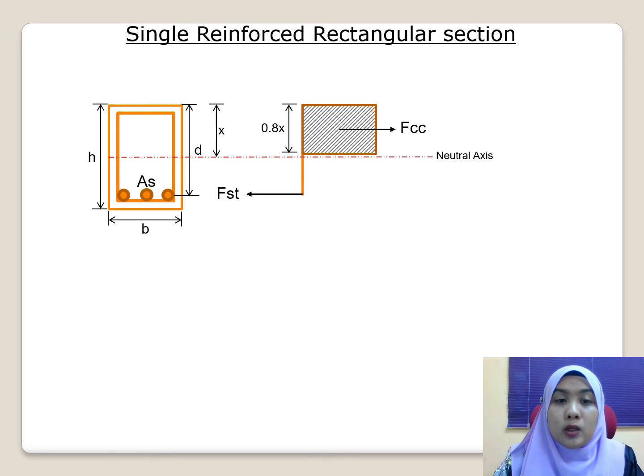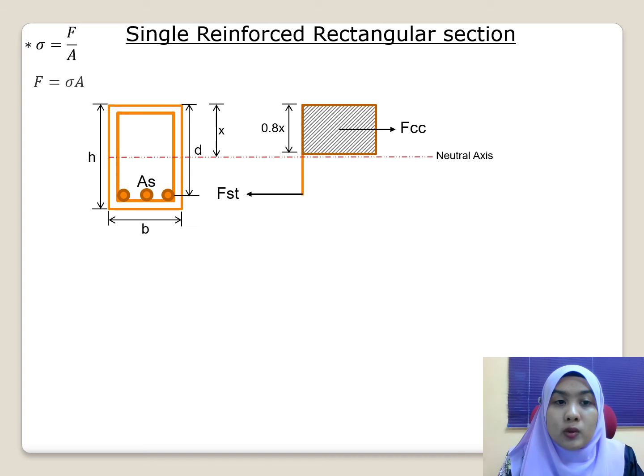Okay, so as we know, we only know the stress value. So how do we get the forces in the section? If you remember from solid mechanics, stress is equal to force divided by area. So rearrange this formula to get the force value in terms of stress.